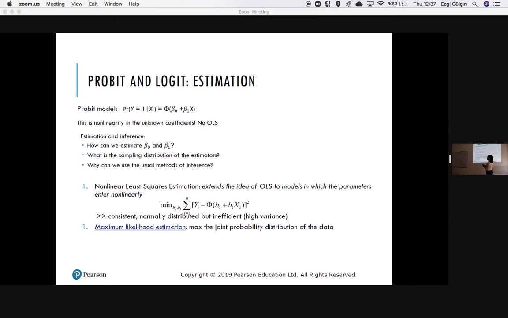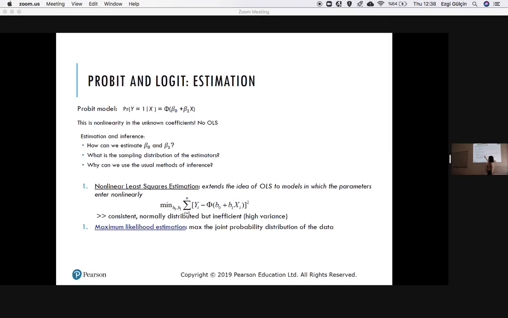The first one is to use the nonlinear least squares estimation, which extends the idea of the OLS that we used up to now to enter nonlinearity in coefficients. We are finding beta 0 and beta 1 estimated, which minimize the sum of the squared differences between observations and predicted values.